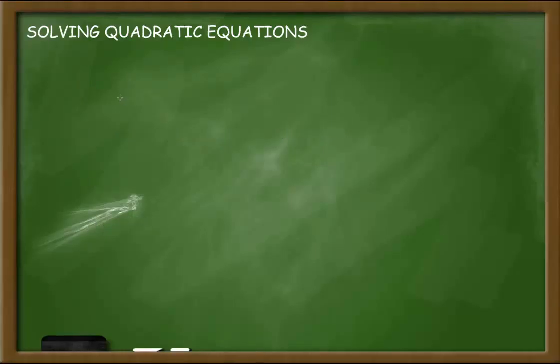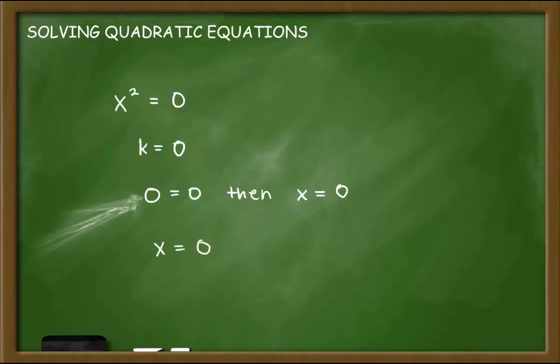For our second example, x squared is equal to 0. Since k is equal to 0, then the root will be x is equal to 0. So we can say that the root of the equation is x is equal to 0.